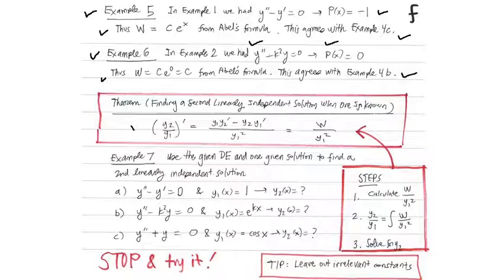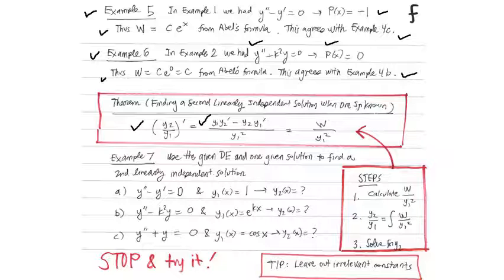If you just think about the derivative of the ratio y2 over y1 and calculate that using the quotient rule in the usual way from calculus, you get the denominator squared, y1 squared, which we're thinking of as a known thing.